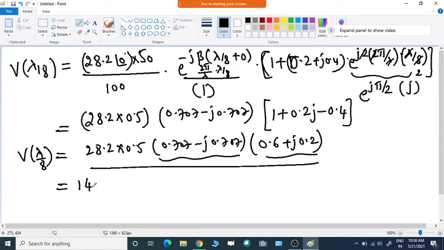So this is 14.1 into whatever the value we are going to get, and this whatever the value we are going to get. So what are these values? Can anybody tell?